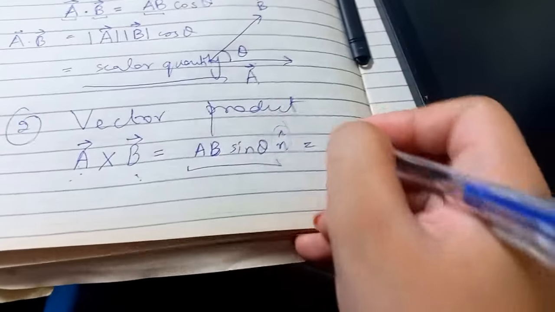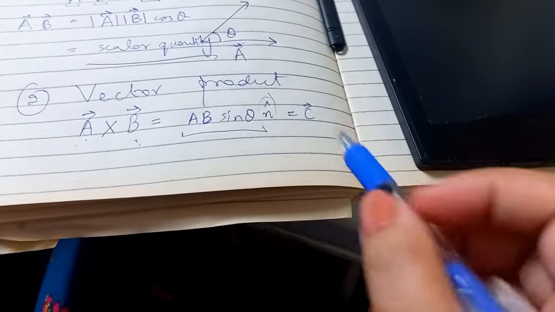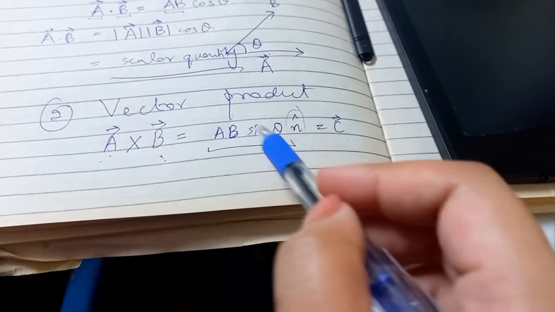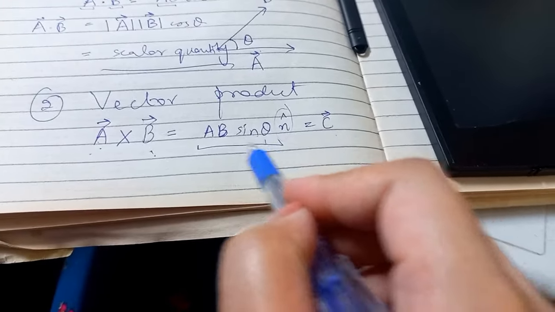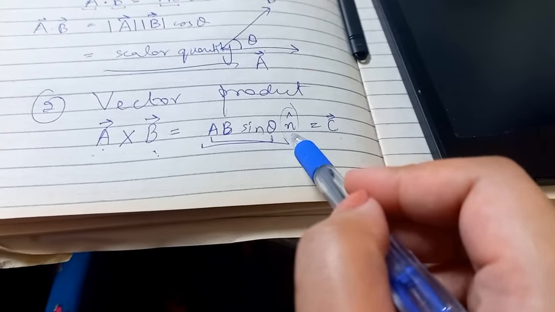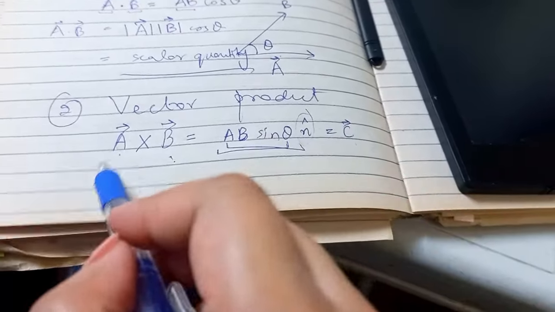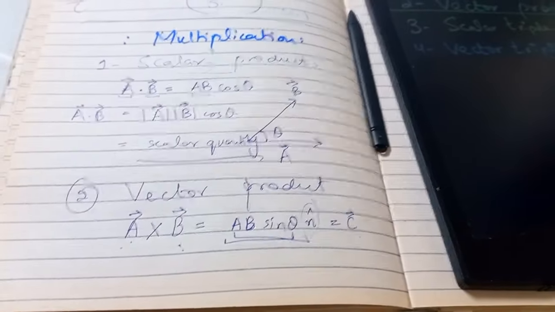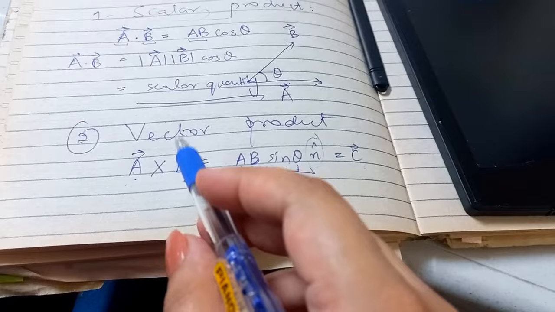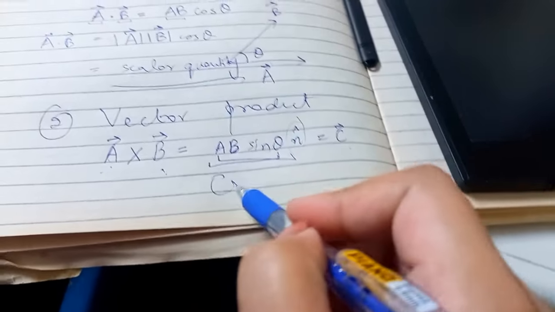Let's say it is a C vector, whose magnitude is given by AB sine theta. It's the magnitude of that vector, and its direction is given by n hat, which is perpendicular to both A and B. So this is how the vector product works.